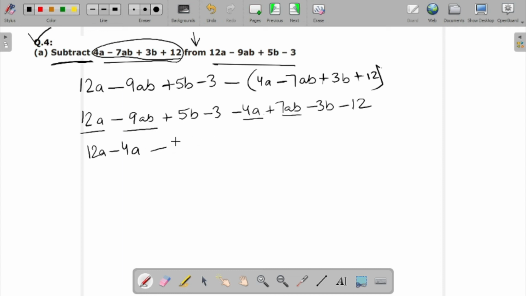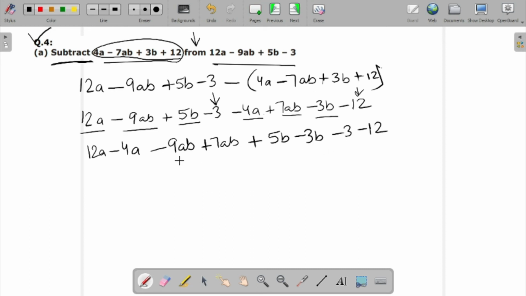So we write minus 9ab plus 7ab. Then after that 5b, any term with b, this is with b. So we write here 5b minus 3b. What is left? This number is left, 3, and this is 12. So we write here minus 3 minus 12.